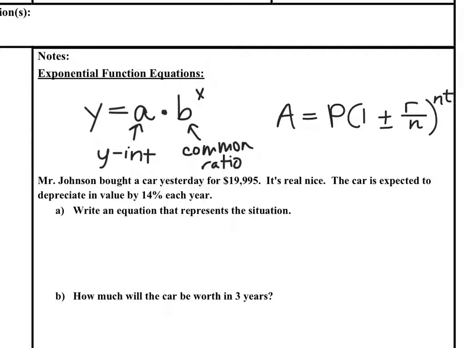I think actually on your weekly reviews, you guys may have done some like this. So what these things are, okay, A would be obviously your ending amount. P is the starting amount, or the principal. R is your percent as a decimal.